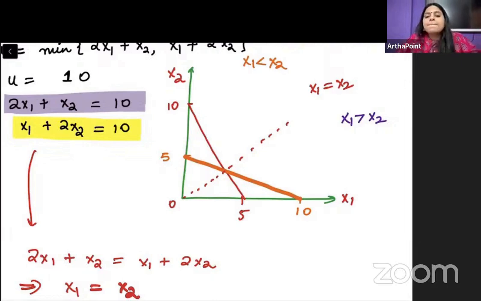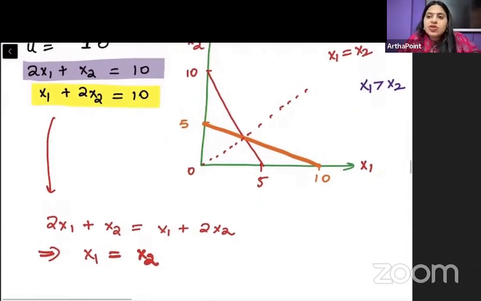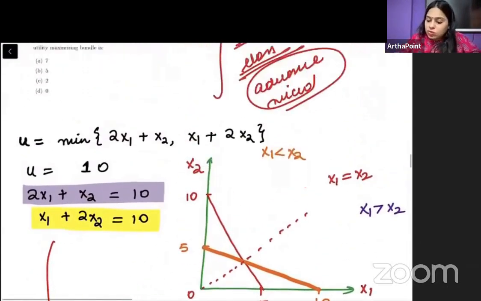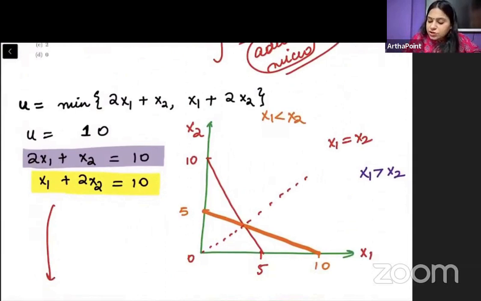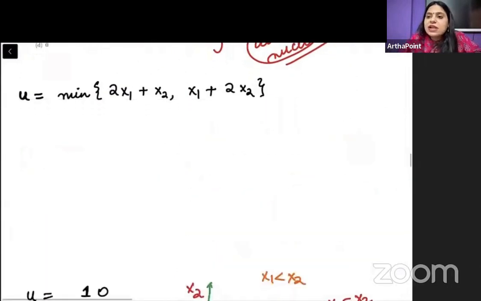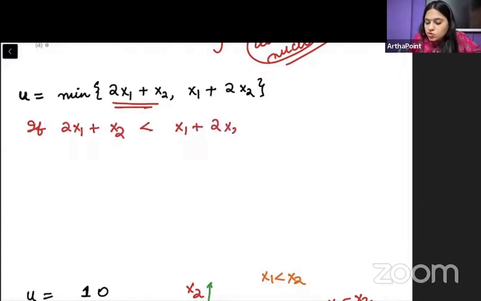Clear? Now, let me try to go ahead and think about the same utility function and let us ask ourselves what happens if 2x1 plus x2 is less than x1 plus 2x2. So beta, if 2x1 plus x2 will be less than x1 plus 2x2, तो इन दोनों में से minimum क्या निकल के आएगा?